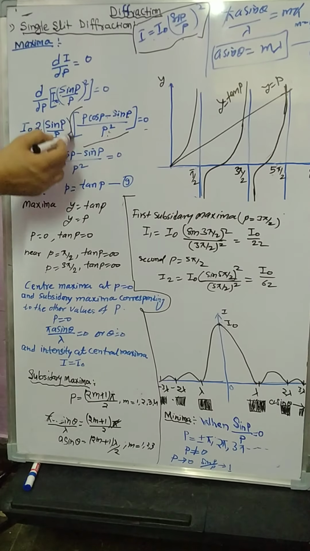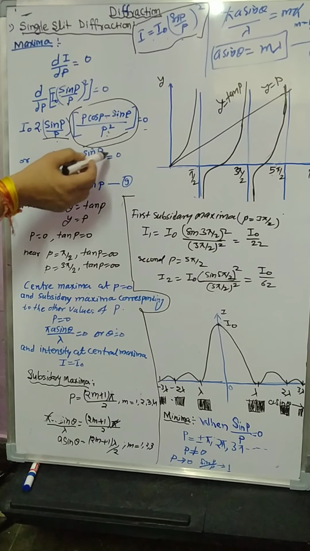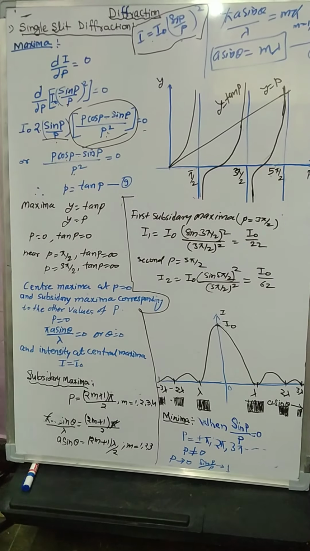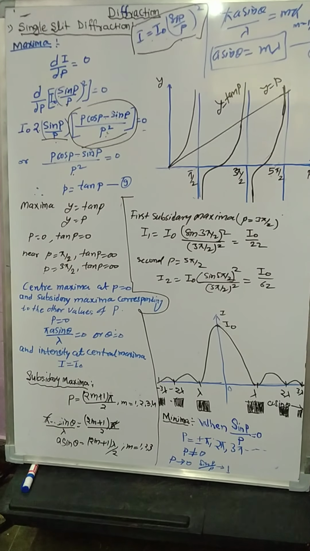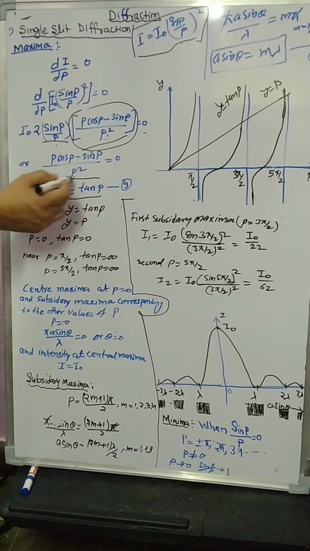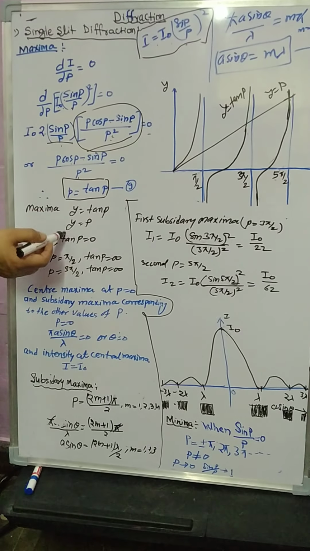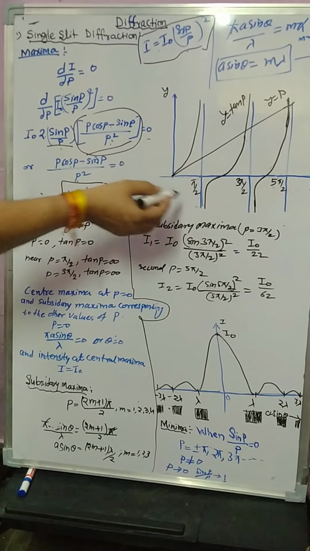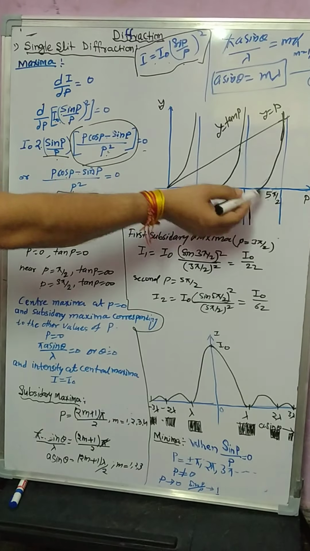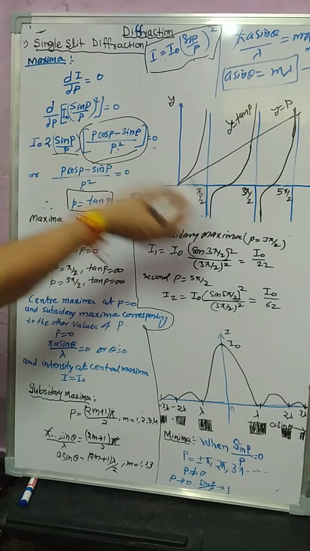We consider p cos p minus sin p upon p square equal to 0. So we find tan p equals p as the condition of maxima. We consider y equals tan p and y equals p, and plot the graph: y equals p is a straight line, and y equals tan p is this graph.